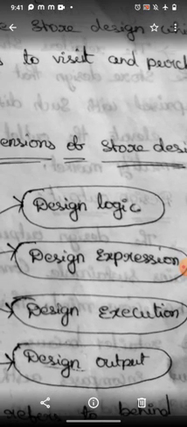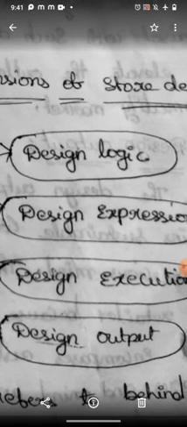See, if you purchase some products in some stores, what they provide means some discounts, or rather, they give best customer awards like that. So they give awards and some other surprises, some vouchers like that. Okay, so this is one of the store design executions.